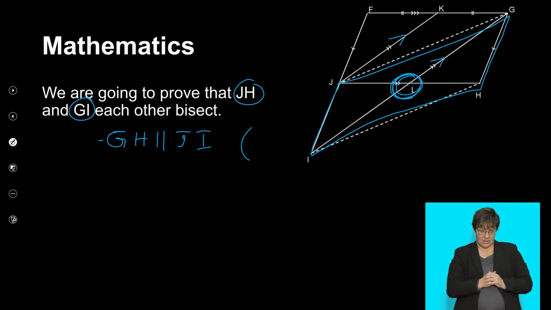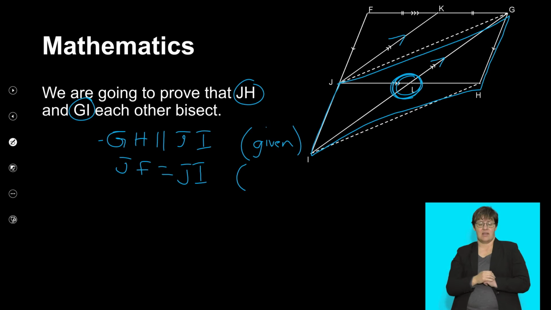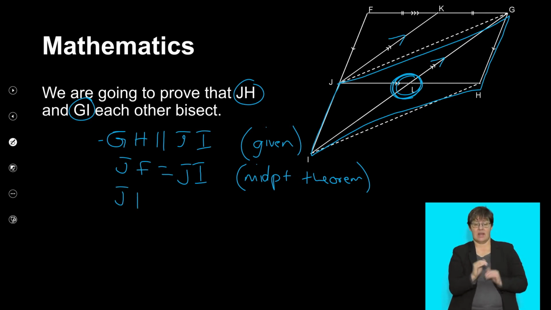And then we also know that JF is equal to JI, and the reason for this will be midpoint theorem. Remember I said that's where we can apply it, midpoint theorem. And then based on this, we can say JI is equal to GH.